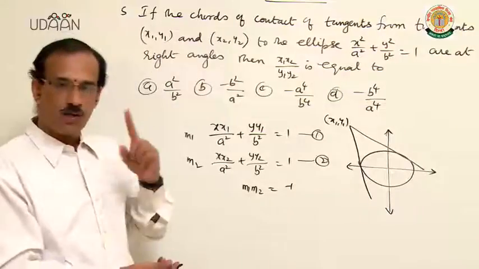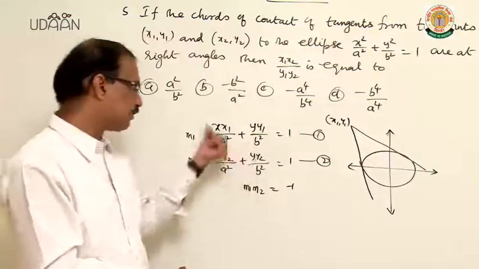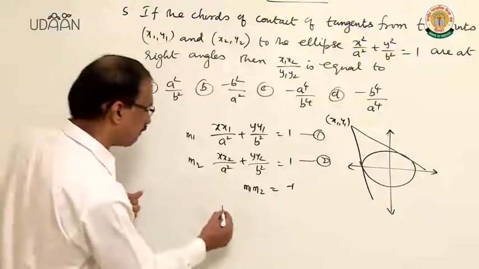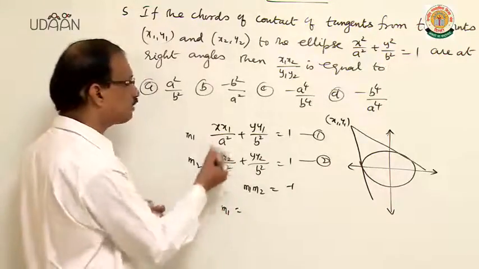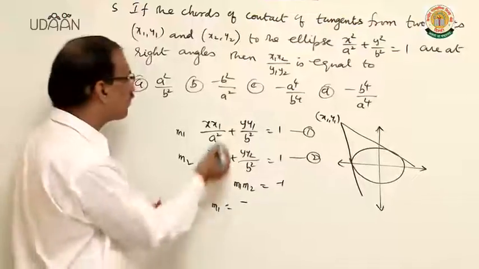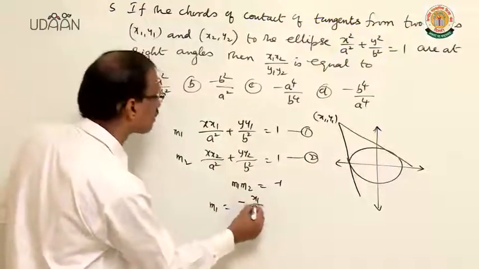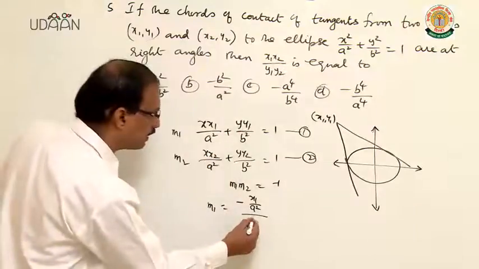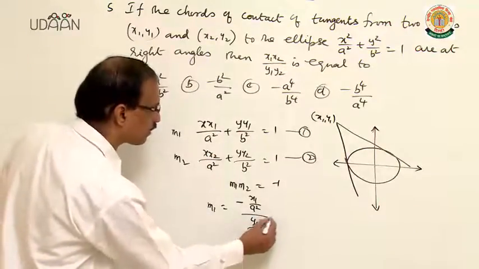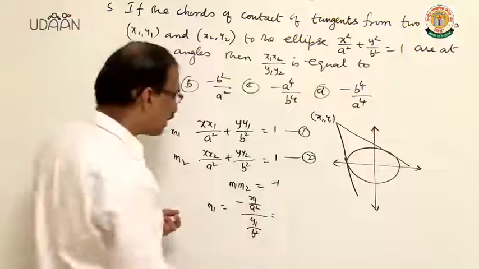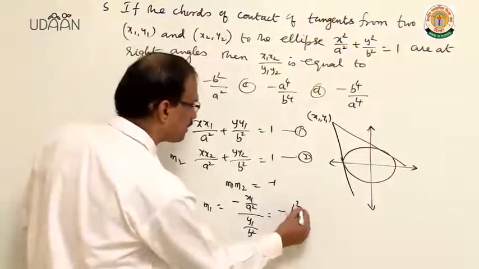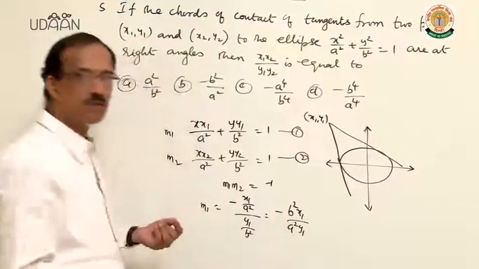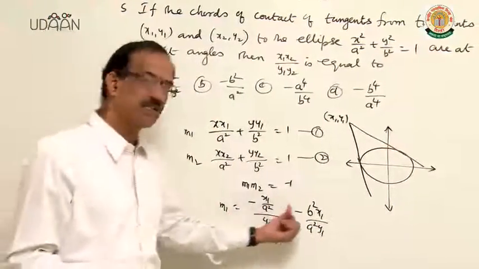Now we have to find the slope of the first line. The slope m1 is equal to minus the coefficient of x, that is x1 by a square, upon the coefficient of y, that is y1 by b square. In other words, you can write it as minus b square x1 by a square y1. This is the slope of the first line.